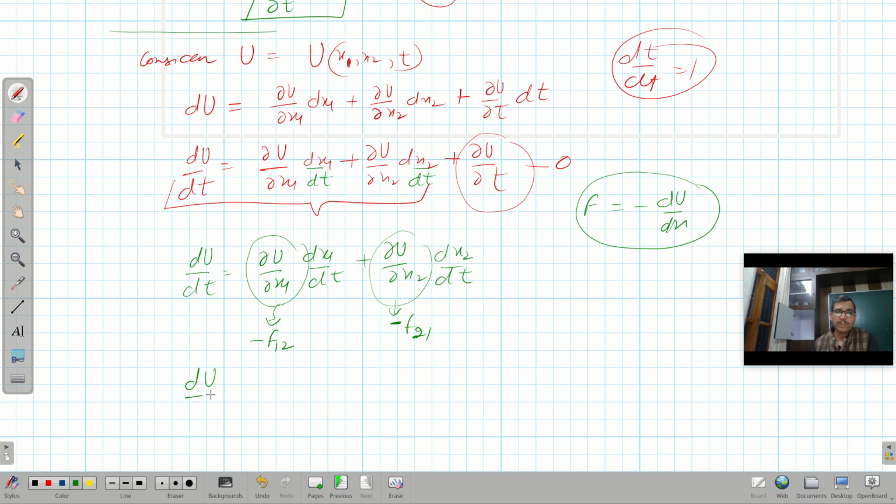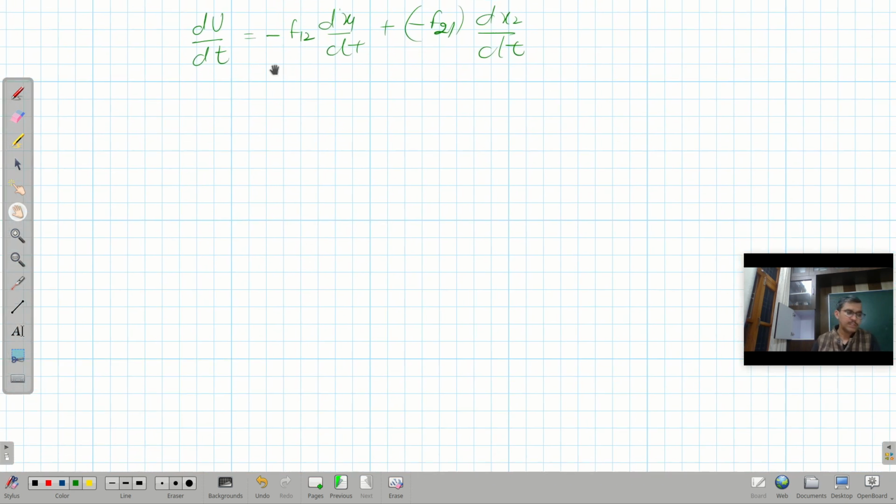Therefore, dU/dt can be written as minus F12 dx1/dt plus minus F21 into dx2/dt. Right? So this is it.